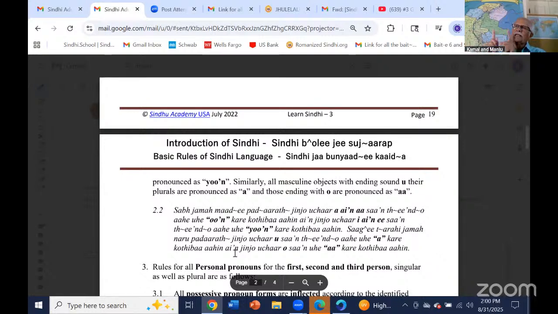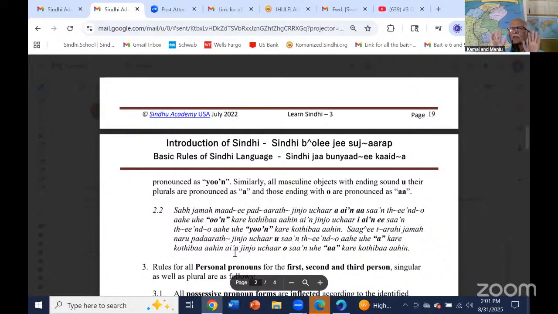Now, if an object is single and you want to make it plural, then the plural in feminine is U and you. In masculine, O, the plural is A: hathu, hatha; matho, matha.